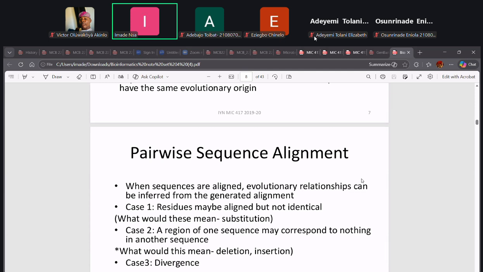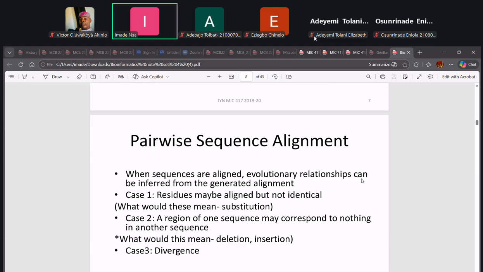Now, there are two things that can happen. You can have two sequences that are aligned and you want to tell what type of evolutionary relationships they have. So you can align two sequences and they may not be identical, right? So you may find one region or one sequence that looks like another region in another sequence, but then one half looks like one sequence.